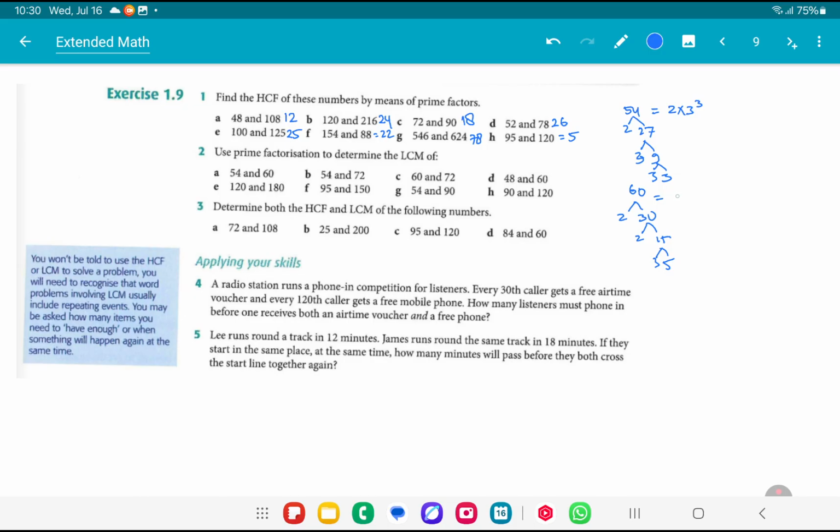So the product of prime factorization is 2 square times 3 times 5. The LCM we get is 2 square times 3 cube times 5. So the answer is basically 4 times 27 times 5, which is 540.